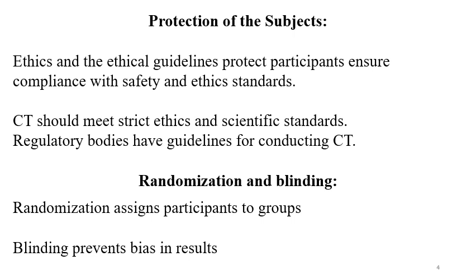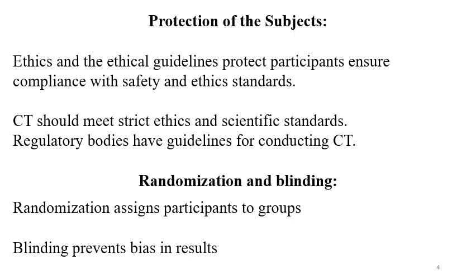One of the main terminologies you might have heard is randomization and blinding. Once you select the patients or subjects, you go for randomization and blinding. Randomization assigns participants into groups, and it avoids a predetermined way of treating specific patients.